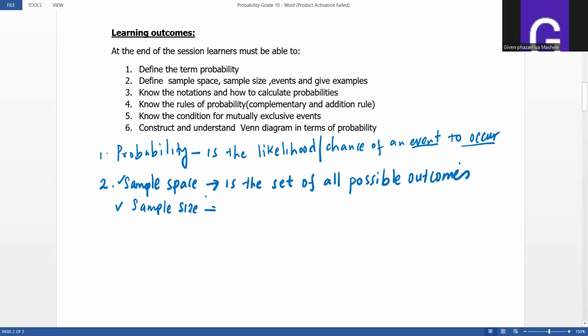Sample size is the total number of outcomes, or we can just say of observations, in a sample space.